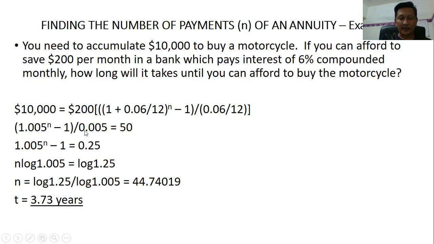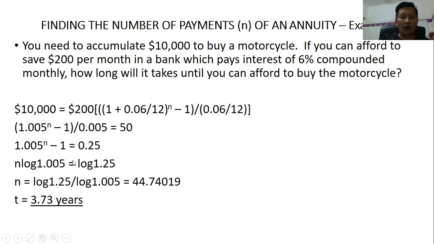At this point, this 0.005 needs to be transferred to the right, so it will be multiplied by 50 to become 0.25, leaving you 1.005 to the power of n minus 1 equals 0.25. Finally, this minus 1 is transferred to the right-hand side, it becomes 1 plus 0.25, hence 1.25.